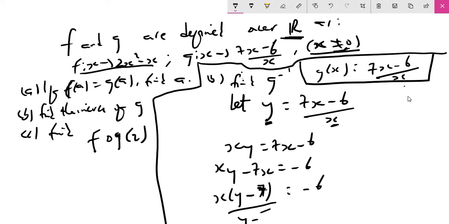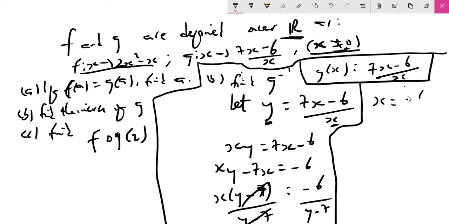You can divide by y minus 7, and so we find that x equals minus 6 divided by y minus 7. Now we are not done yet, but this means that to get back x, you need to take the result from g of x and put it in this expression. If you put it here, you get back x.